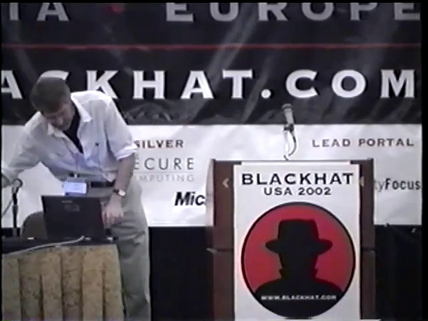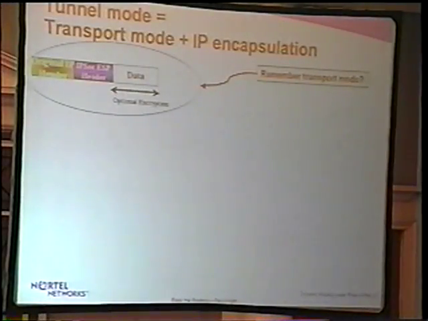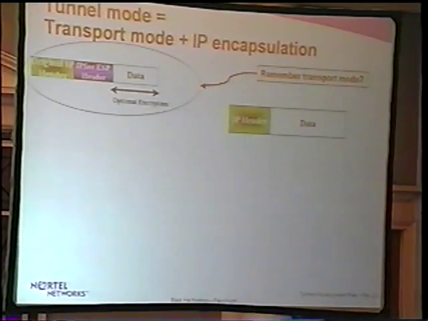Okay, so let's look at that in a more graphic way. So transport mode, again, we looked at this a little earlier. You have the original IP header, and then you have an ESP header and the data. So we start with, we'll do the transformation and show how we end up with the same thing as tunnel mode.